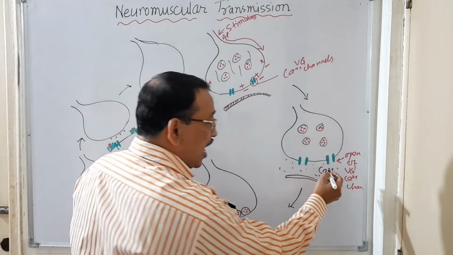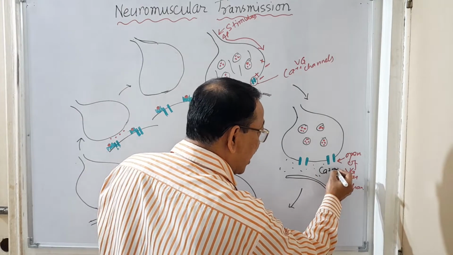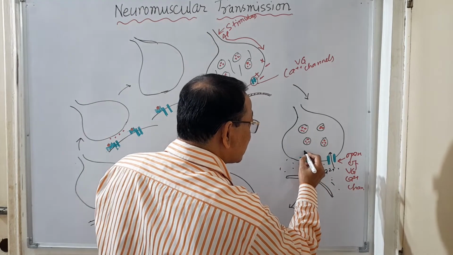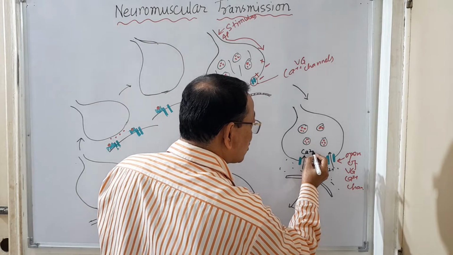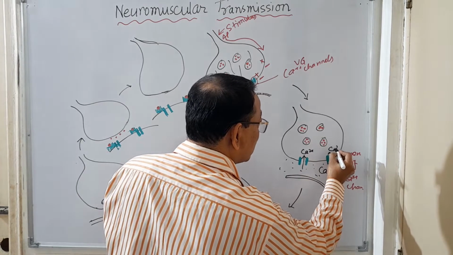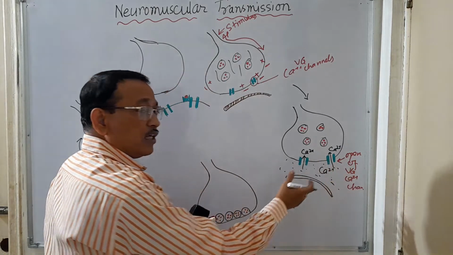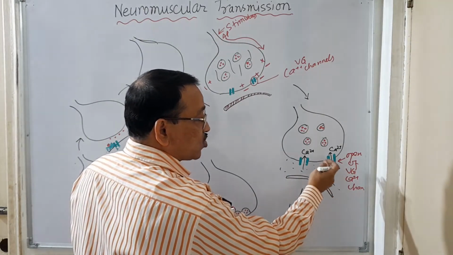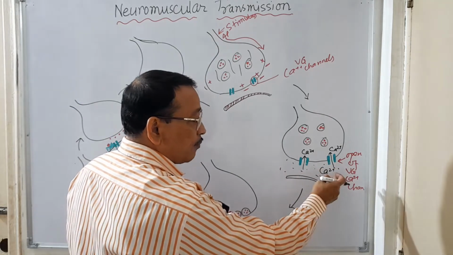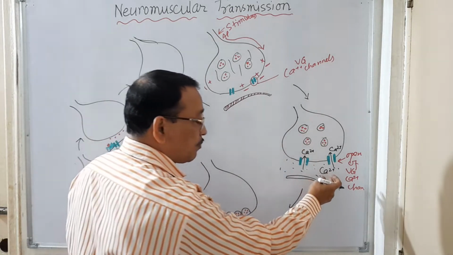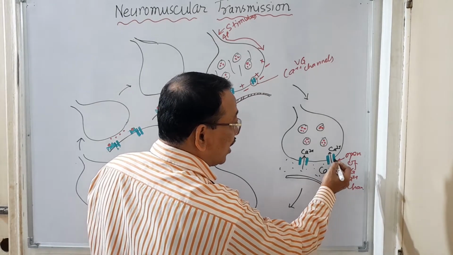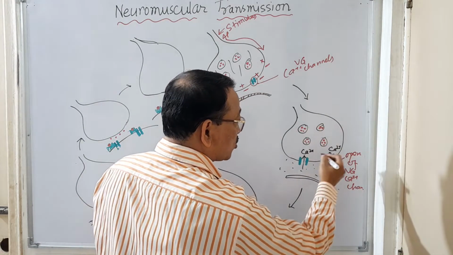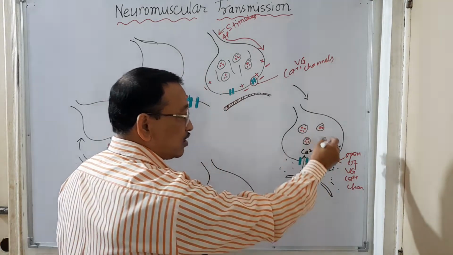So as the concentration gradient is there, calcium ion will now enter inside the cytoplasm of the synaptic terminals.